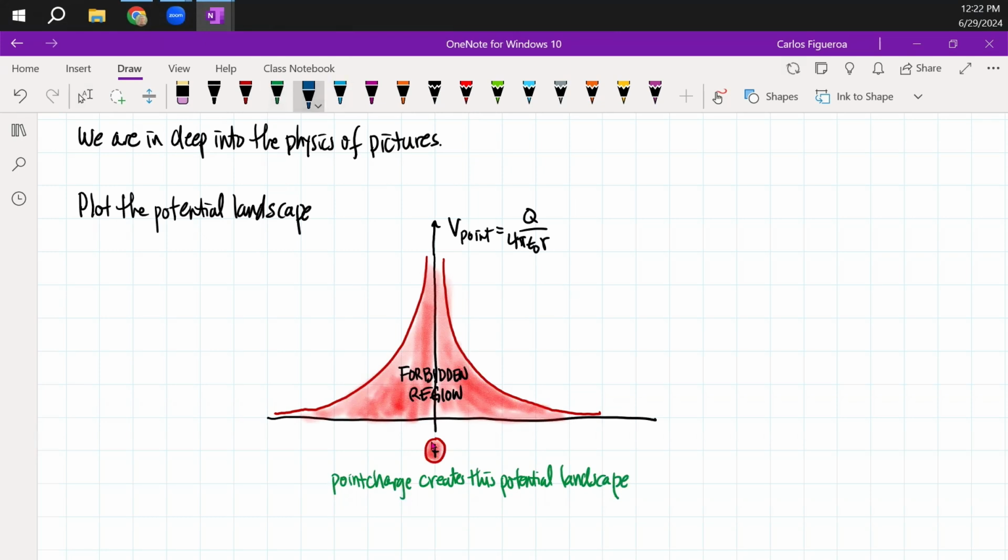To remind you, charges can only move along the potential surface.